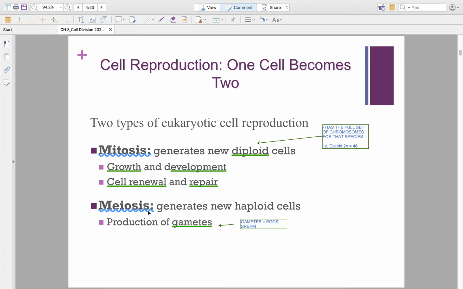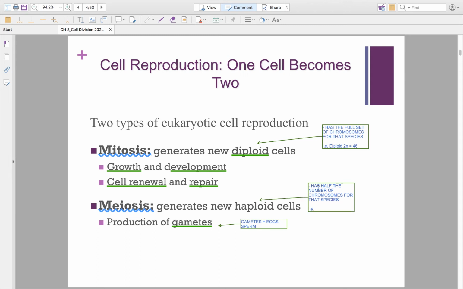And notice that it says meiosis generates new haploid cells. What does haploid mean? Haploid means that the organism has half the number of chromosomes for that species.